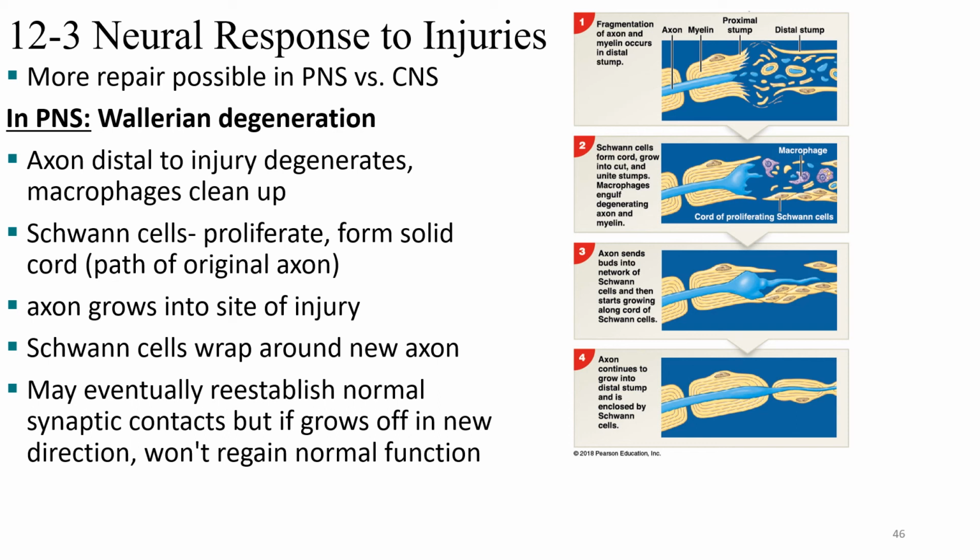So say we had a nerve in the peripheral nervous system and we had an injury here. Our macrophages would come and eat up any of the injured area. Whoops, I didn't mean to erase that entire thing.